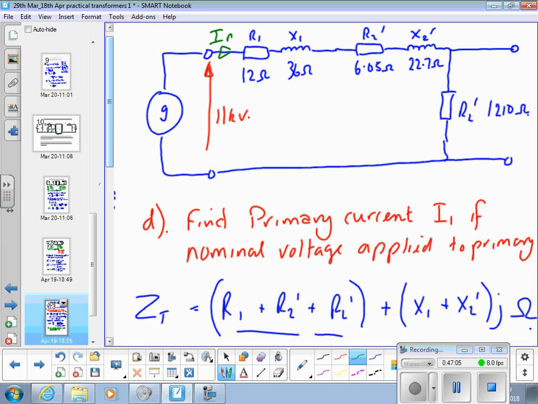We know what's going to make it bigger, so what do we think we need to do with A? If you think of it like that, we know it's got to be bigger. A is 27.5, so that's the ratio, isn't it? Any current on that side is 27.5 times bigger. We must have to multiply, mustn't we?